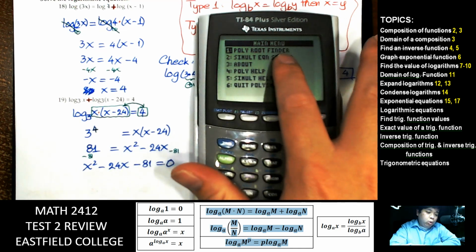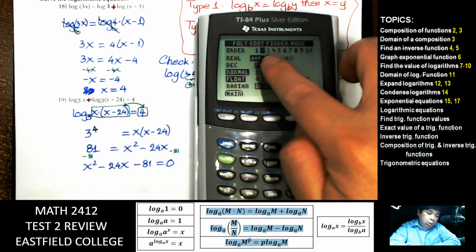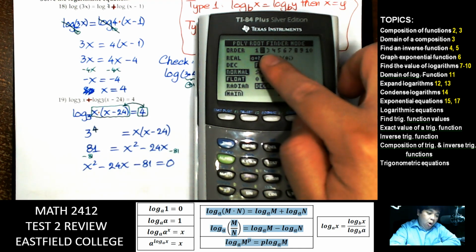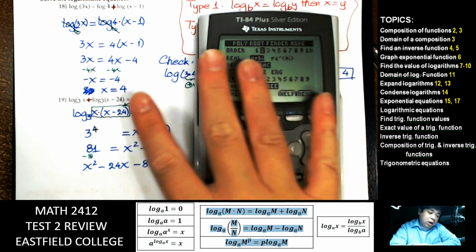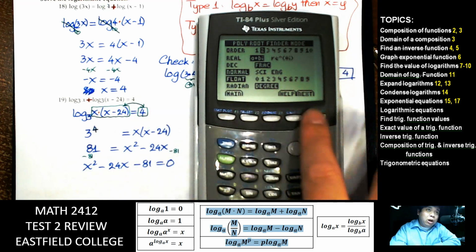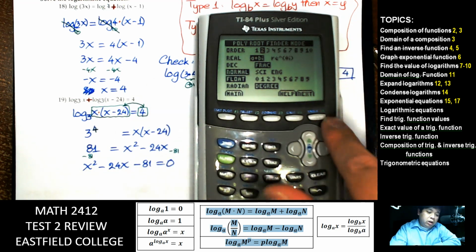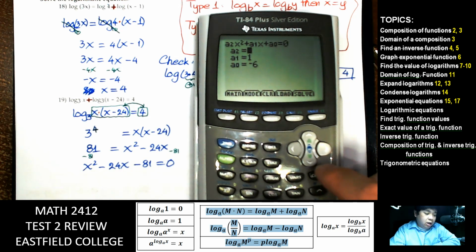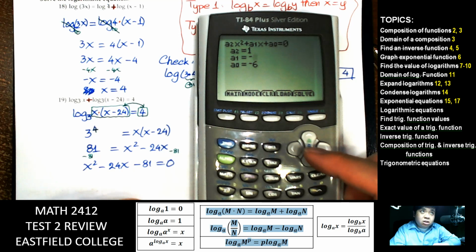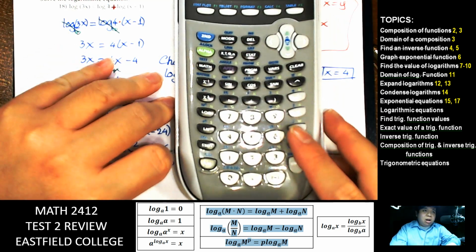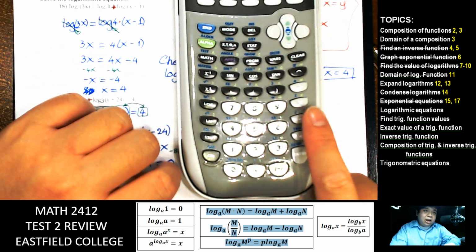and polynomial root finder. That's the first option. We're looking for the second order of quadratic equation. Once it's done, now we operate using the lower menu. So hit next here. The coefficient is 1, minus 24. Notice the minus is this key and not that key.